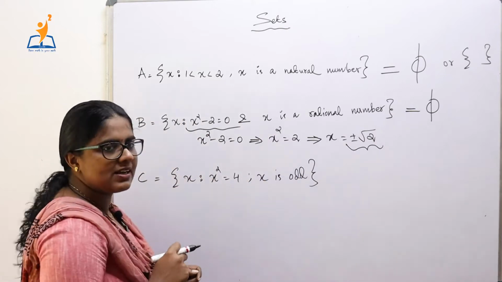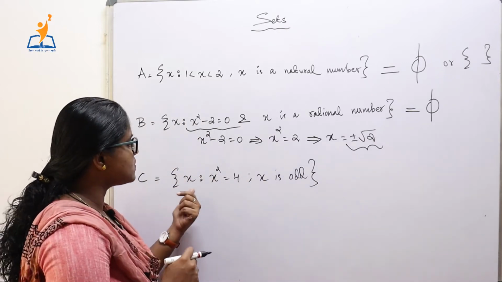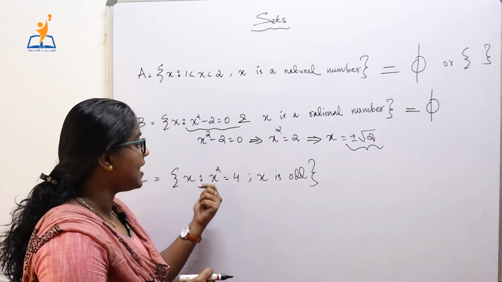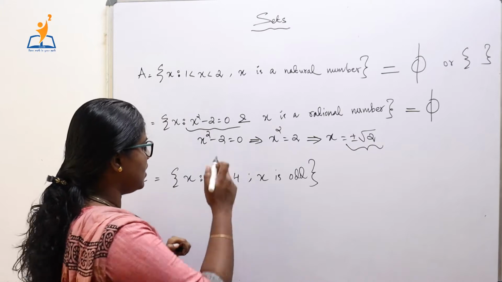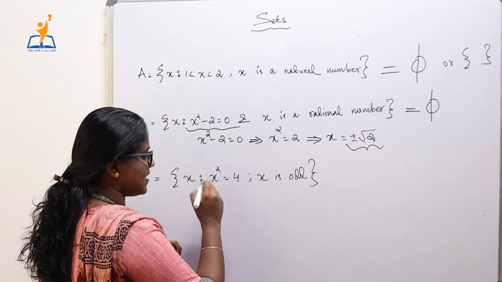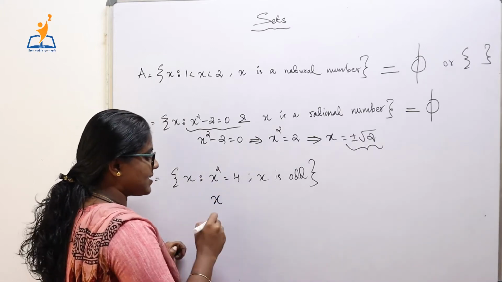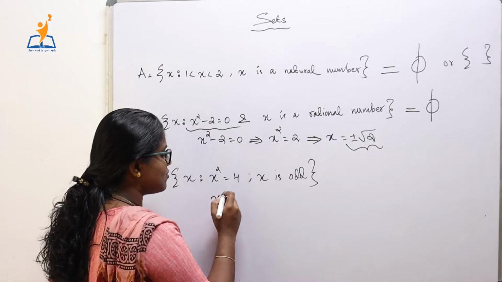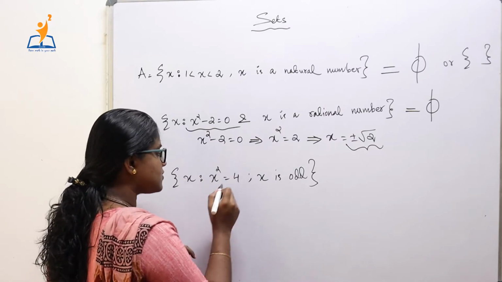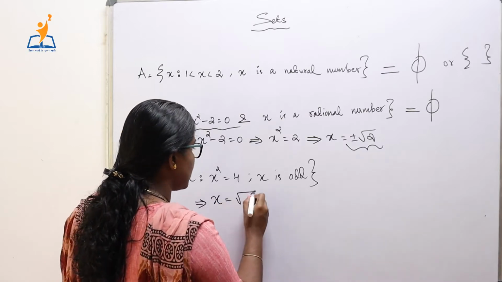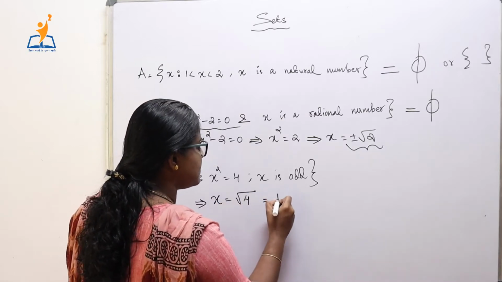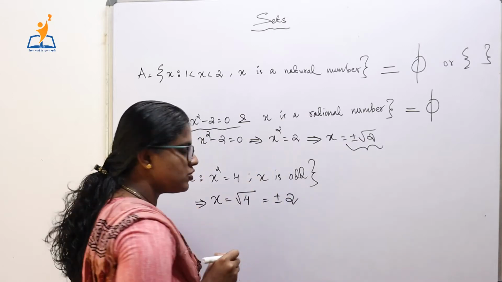Now moving on to the third question. C is equal to the set of all x such that x square is equal to 4 and x is odd. We know that x square is equal to 4 implies x is equal to square root of 4, and it is plus or minus 2.